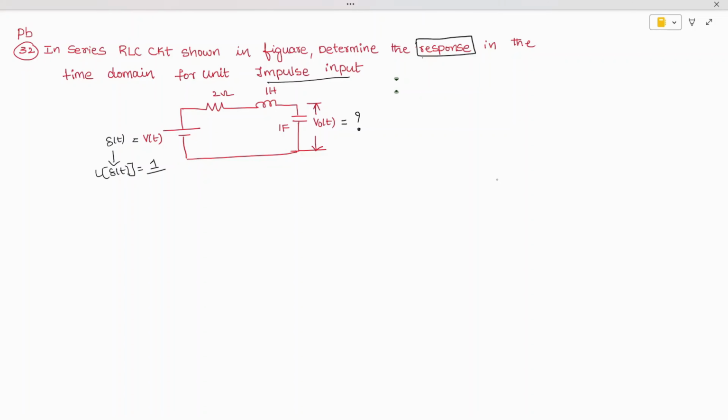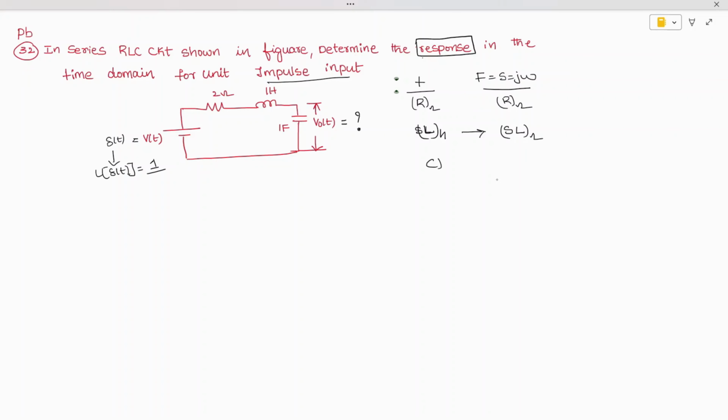First, these are in the time domain. Let us convert all of this from the time domain into the frequency domain, where S is equal to j omega. This is R in ohms; in the frequency domain it is the same parameter, R ohms. Here it is L Henry, and in the frequency domain we write it as SL ohms.